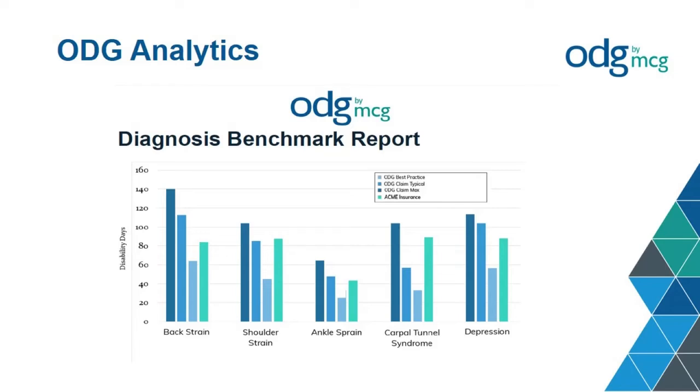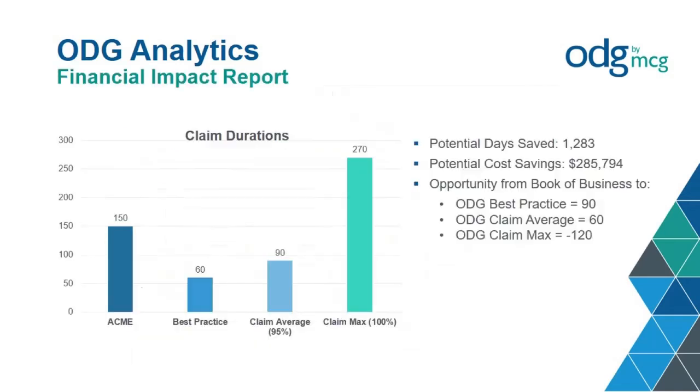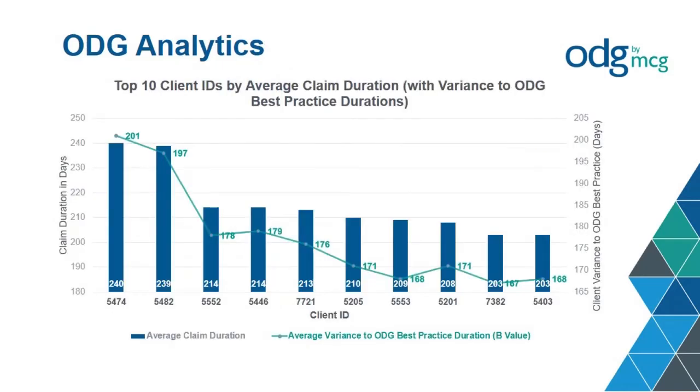This would allow them to engage and take a deeper dive into what they're doing to manage carpal tunnel syndrome claims, make changes, and improve outcomes. It is also possible to benchmark against ODG return-to-work guidelines in order to demonstrate potential cost savings or actual cost savings.